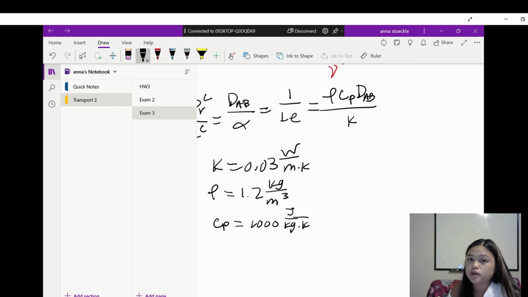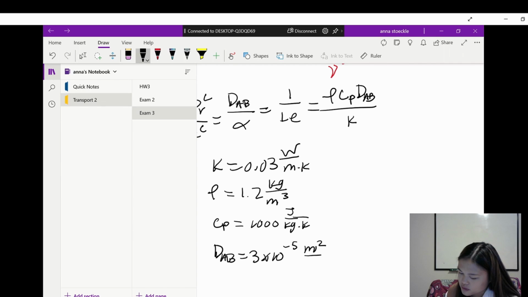Remember, this is moist air, so that's the wet bulb condition. And this only really works for water and air, but that happens frequently. And then the mass diffusivity, that mass coefficient, is 3 times 10 to the -5 meters squared per second. So when we plug all these into this equation, it will roughly come out to be 1.